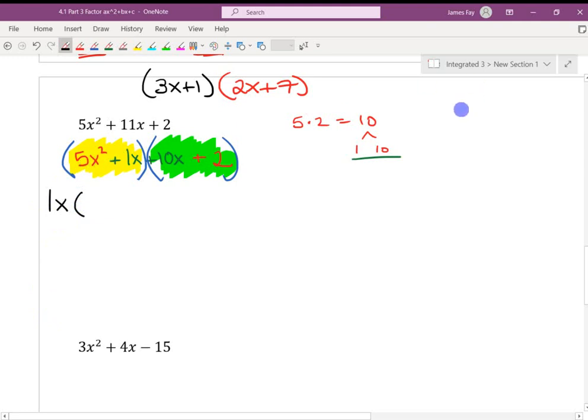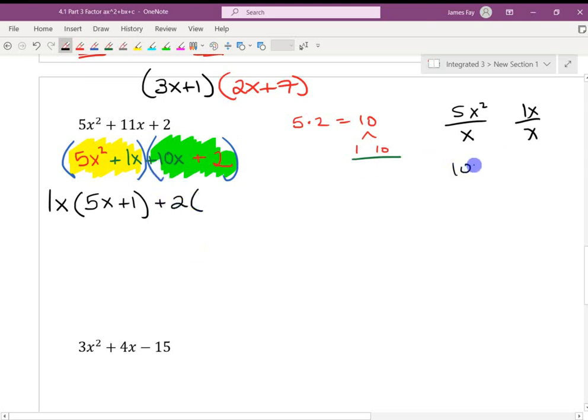So if I divide 5x squared by x, what's that going to leave me on the inside here? 5x. If I take 1x and divide it by x, what's that going to leave me? Plus 1. Okay. Now in the back set, in the green ones, what divides both those terms? 2.